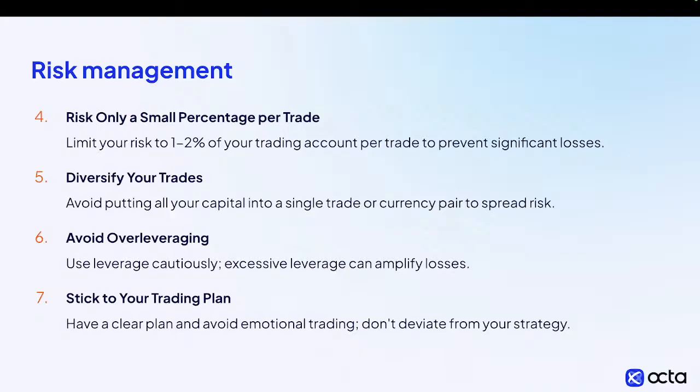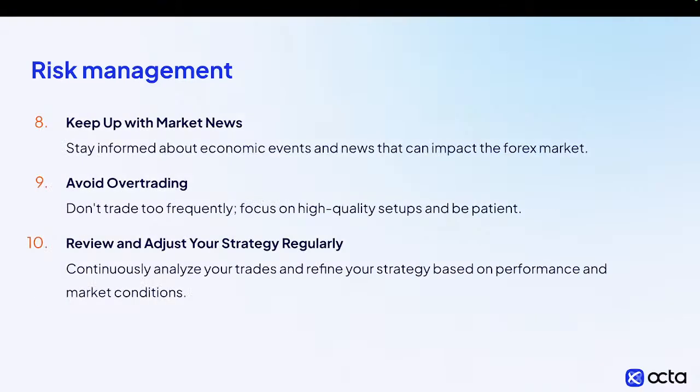It's important that you diversify your trade, avoid over trading, use leverage cautiously. All right, stick to your trading plan. It's important you have a trading plan. One other thing is this: as a trader, you have to keep up with the market news. It's very, very important, and avoid over trading. When you implement a particular strategy, also look at adjusting that strategy regularly until you achieve a performance that you prefer.